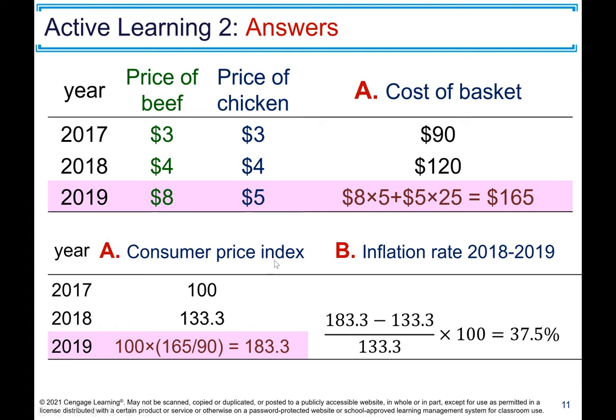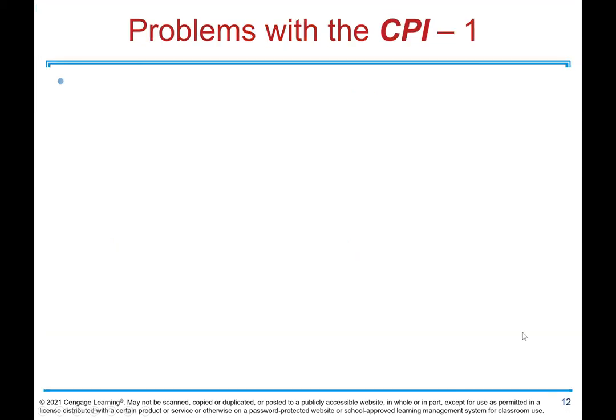Number A, the consumer price index. Number B, the inflation rate. Here, the inflation rate between 18 and 19 is 183.3 minus 133.3, divided by 133.3, times 100, which is 37.5.